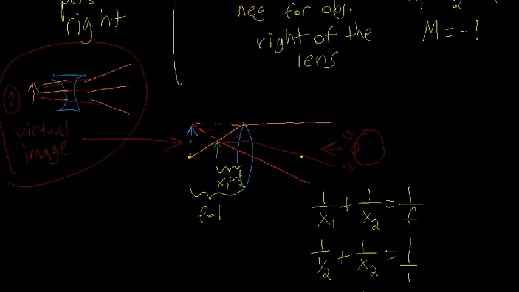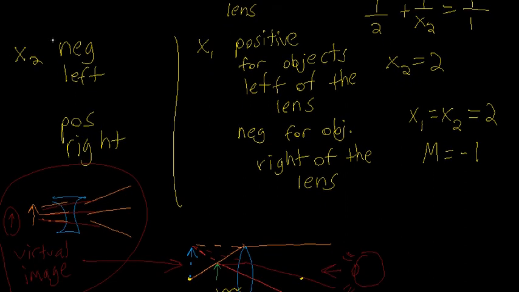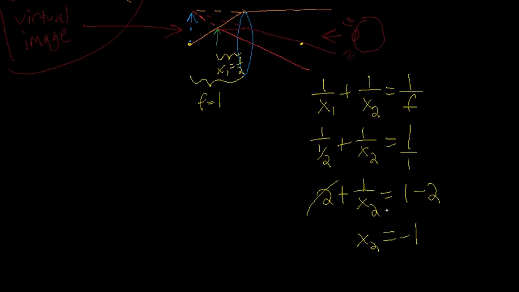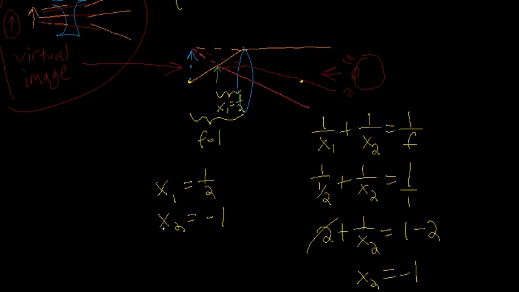Remember, x2 is negative when it's on the left side, and in this case, x2 turned out to be negative. So now we have a situation where x1 was 1/2 and x2 was -1. Between this example with this x1 and x2, that's a very bad x2, but hopefully you can read my handwriting. That's a 2.